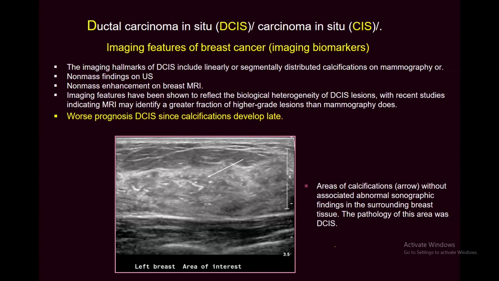On MRI, most of the non-mass-like enhancement represents DCIS. Okay? And the imaging features have been shown to reflect the biological heterogeneity of the DCIS lesions. Recent studies indicate MRI may identify a greater fraction of high-grade lesions than mammography.